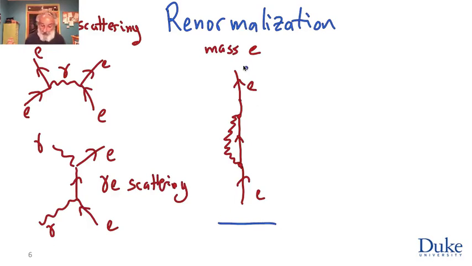Where the infinity comes from is a region in the calculation of this diagram where these two interactions occur at exactly the same point in space and time. It's that region called the deep ultraviolet, very short distance, in which there is a divergence.